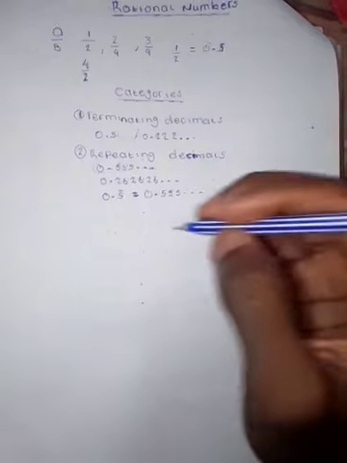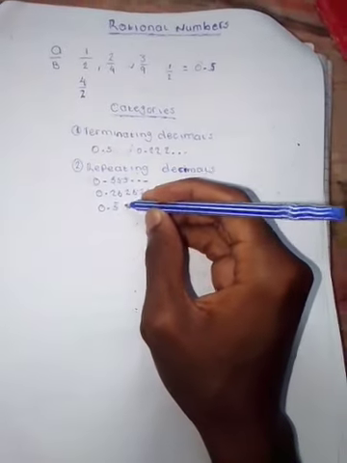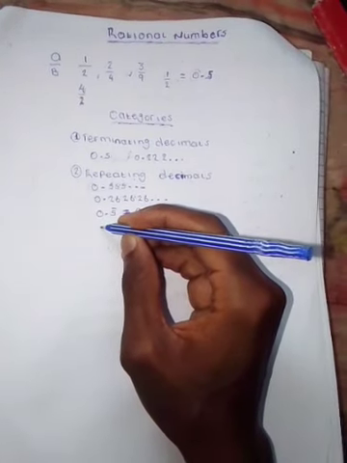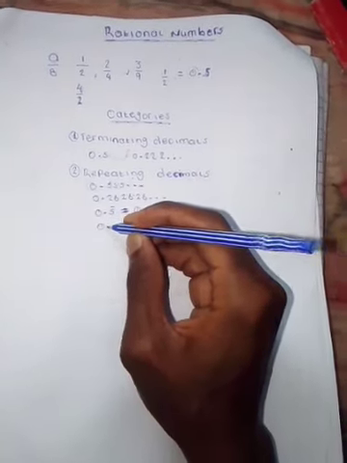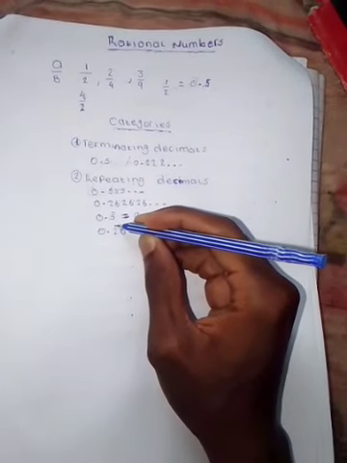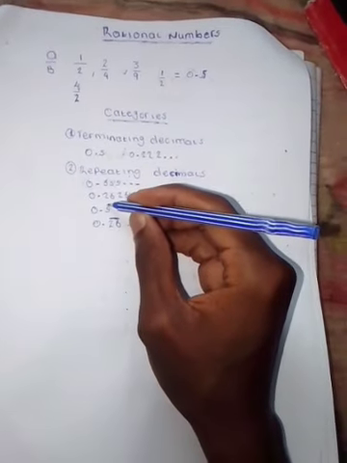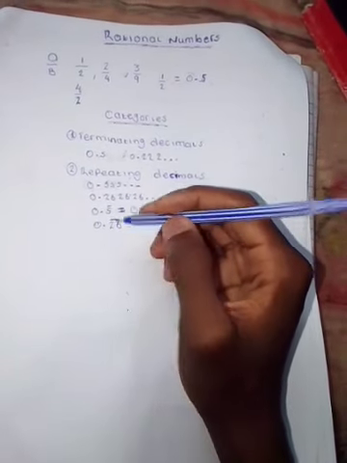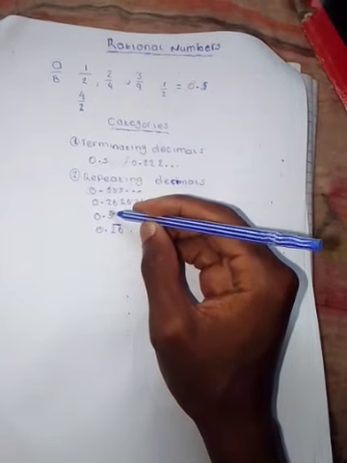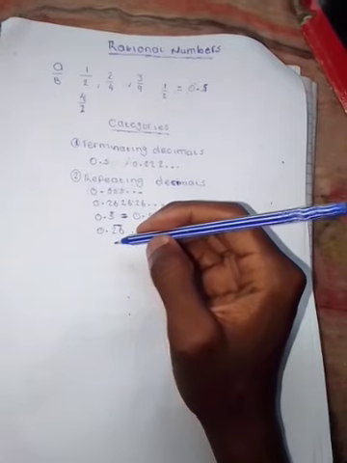And even this one, 0.2626, you can simply represent it like this: 0.26 and draw a straight line above. The moment you draw a straight line above like this, it means that the number under this line is repeating itself.